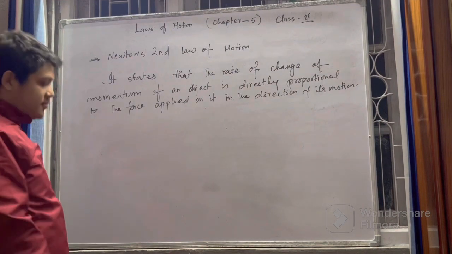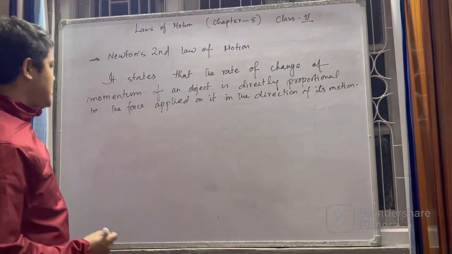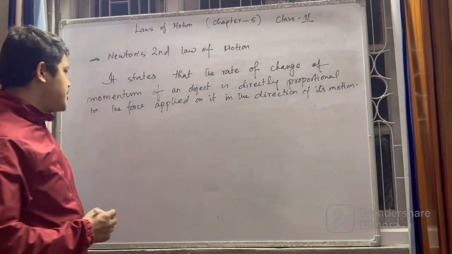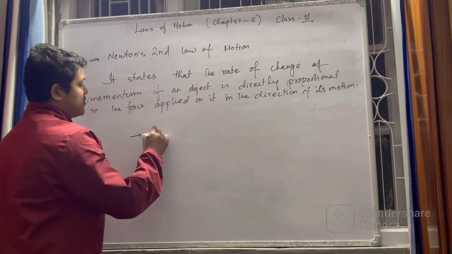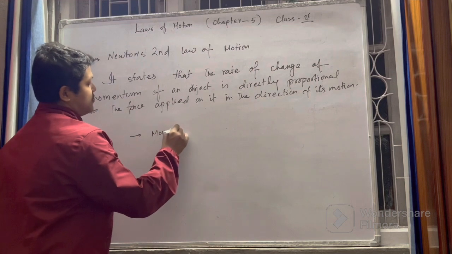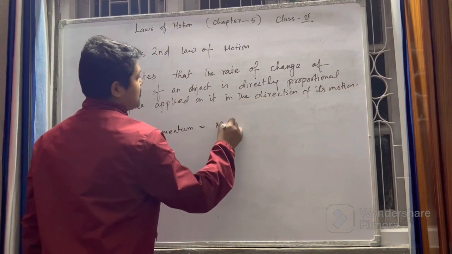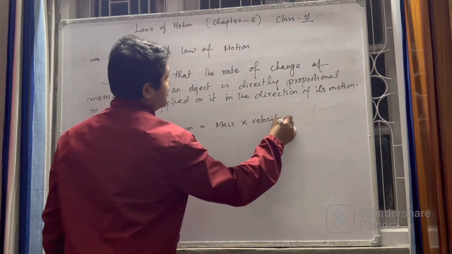Now you see, before I explain this law, let me ask you, what do you mean by momentum? You have already got this term in class 9. Momentum is equal to mass into velocity, right?